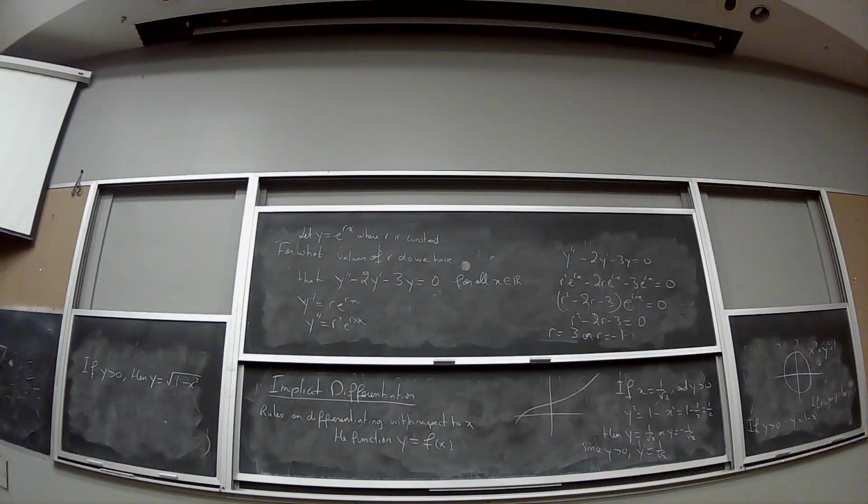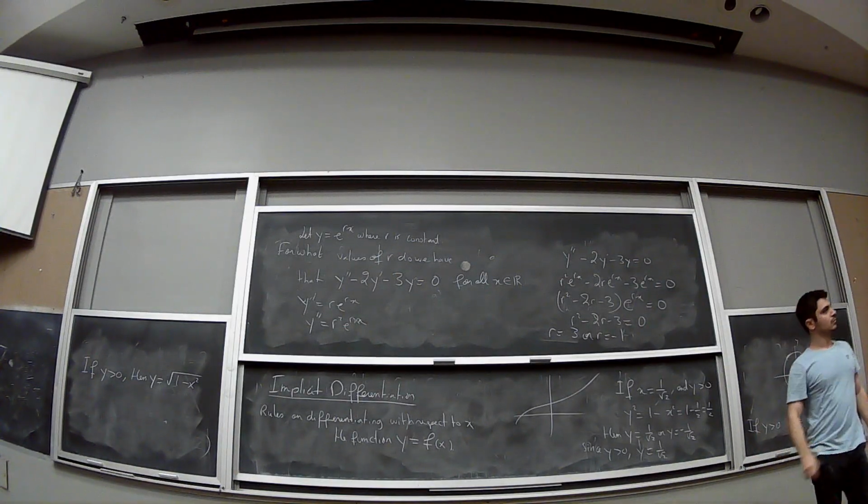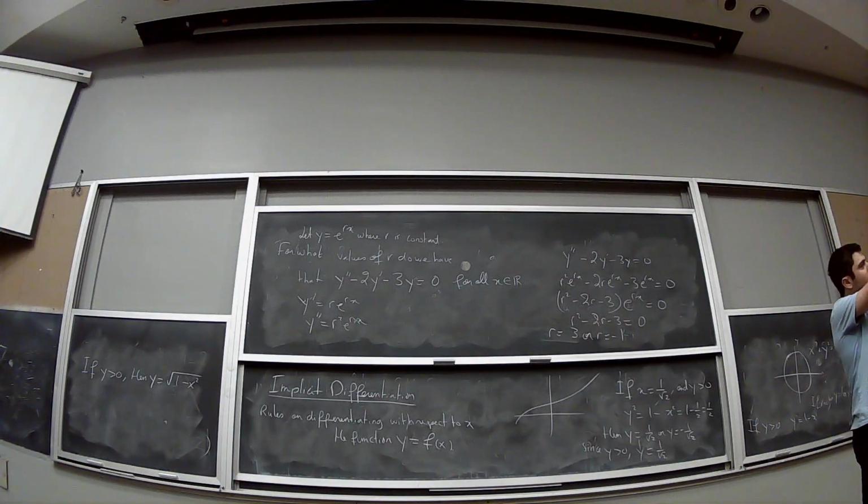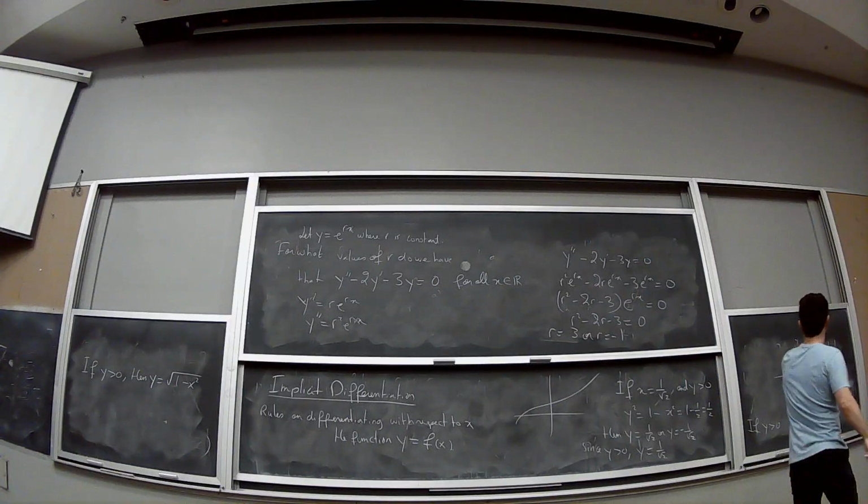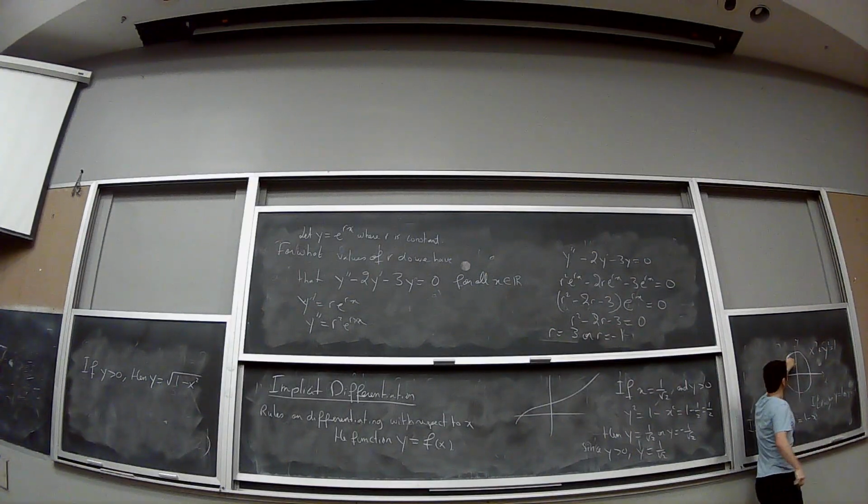Okay? Now, let's try to do slightly more things. If I pick a point around here, fix a point on this curve where y is positive, and I look just at a small part of the graph around that point, so a very small part of the graph next to that point, is y a function of x in that case?